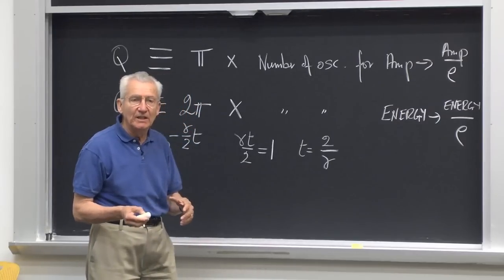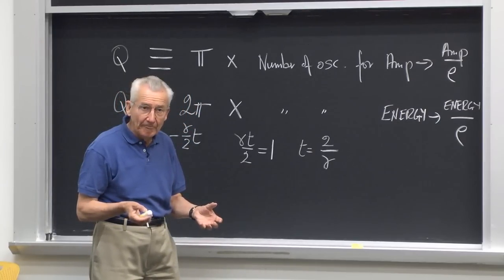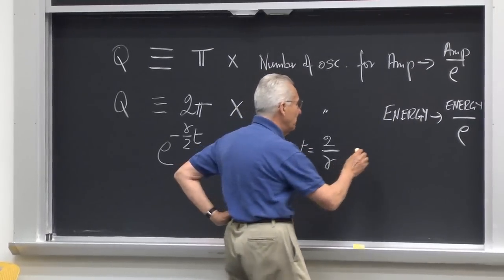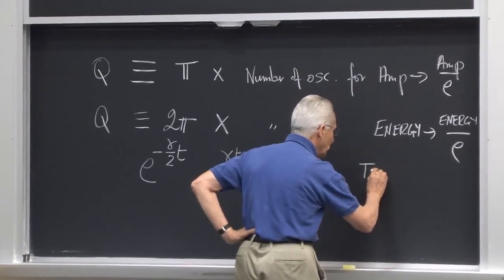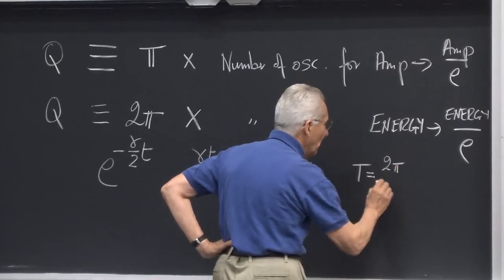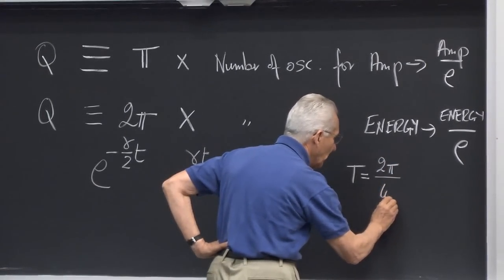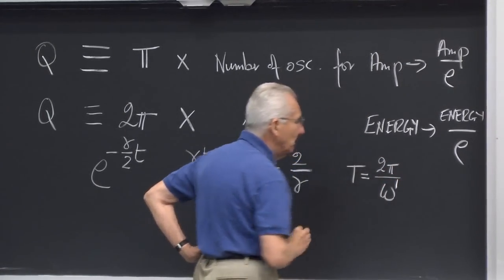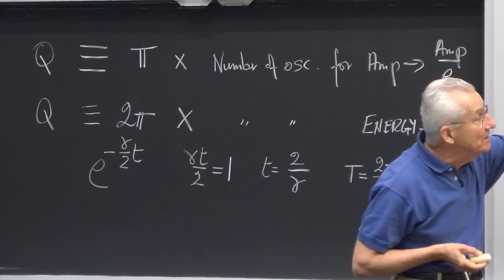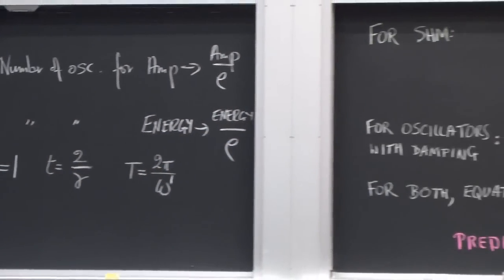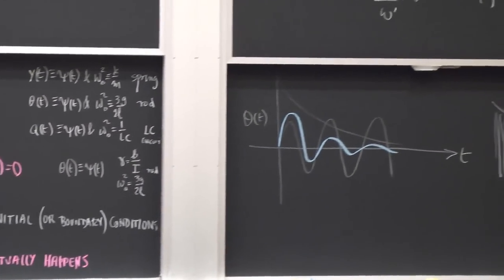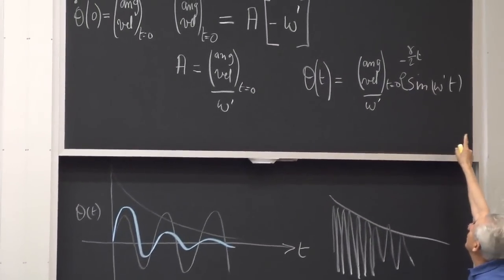But you know the period T is equal to 2 pi over omega prime, because I'm using omega prime, the angular frequency of the damped oscillator.